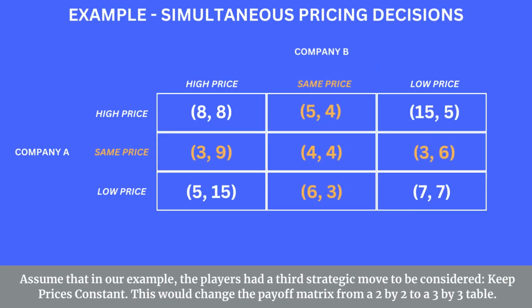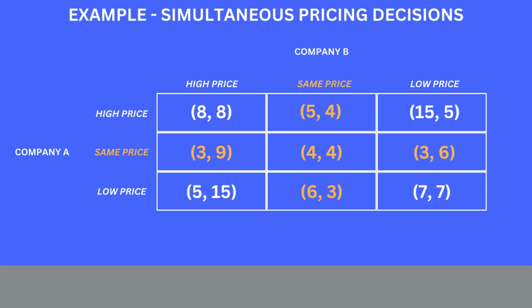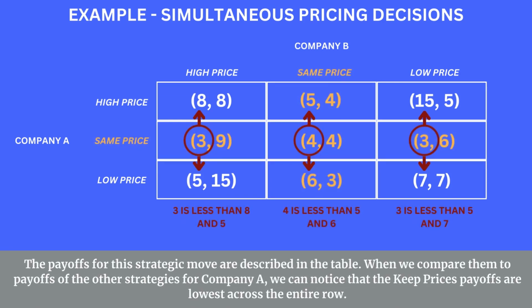Assume that in our example, the players had a third strategic move to be considered: keep prices constant. This would change the payoff matrix from a 2x2 to a 3x3 table. The payoffs for this strategic move are described in the table. When we compare them to payoffs of the other strategies for Company A, we can notice that the keep prices payoffs are lowest across the entire row.